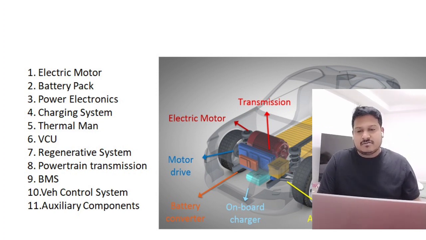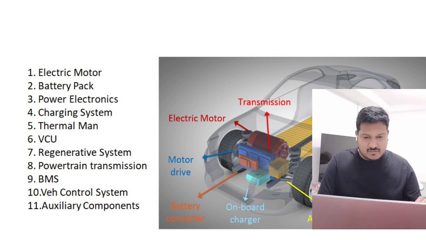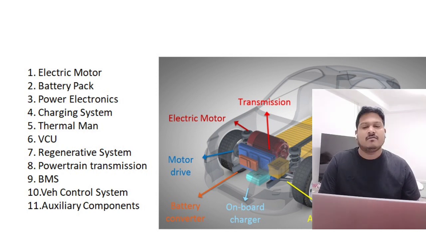Then the charging systems, the fourth one, then the thermal management system, then the electric VCU, that is the electric vehicle control unit, then regenerative braking, transmission of powertrain, battery management system, that is BMS, and the vehicle control system.